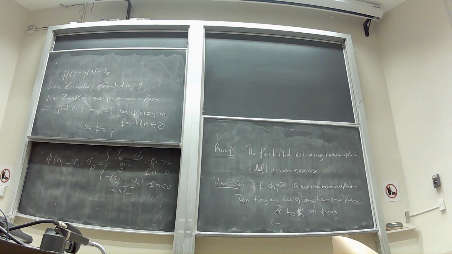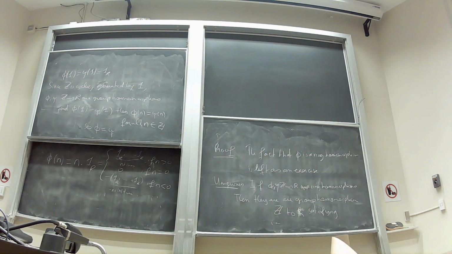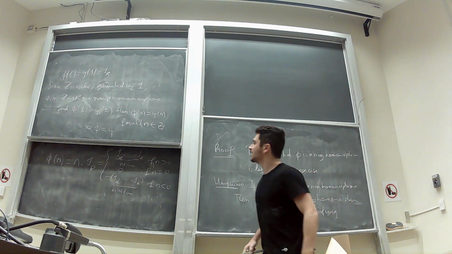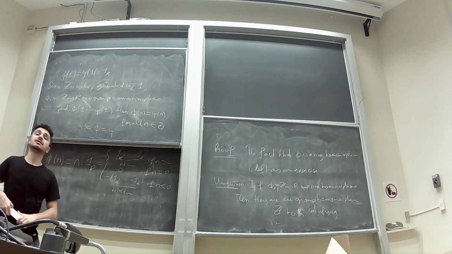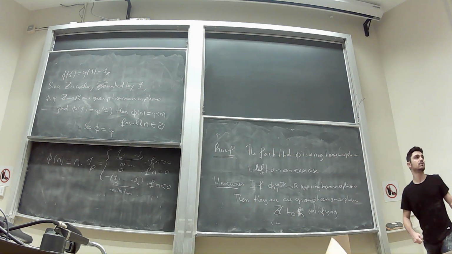Are we good? I mean, this phi business is important. I really like it, so it's better to know it. I'm using the fact that it's a group homomorphism, and that Z is a cyclic group generated by 1.